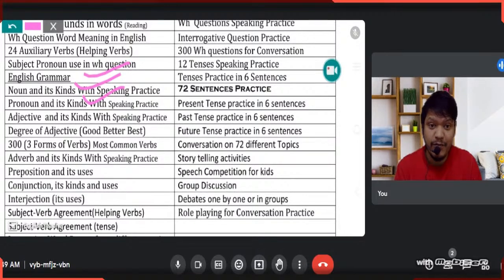Role in the sense means, for example, what is an adjective? Adjectives are those words which describe every part of speech except noun, pronoun and interjection. Or which describe verb, and then adverb of manner, adverb of place, adverb of frequency, adverb of time.